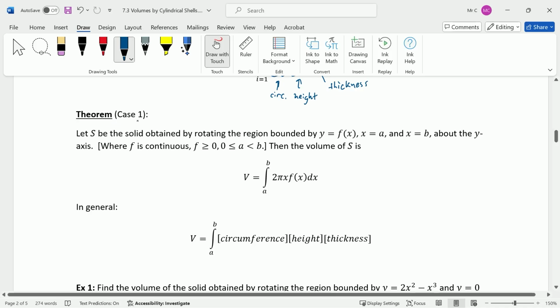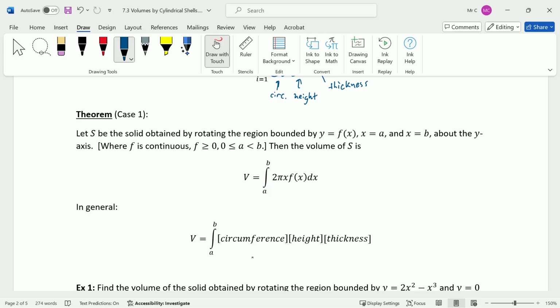So, case 1, let S be the solid obtained by rotating the region bounded by y equals f of x, x equals a, and x equals b about the y-axis, where f is continuous, f is positive, and a is smaller than b, and also positive, or 0. Then the volume of S is the integral from a to b of 2 pi x f of x dx.